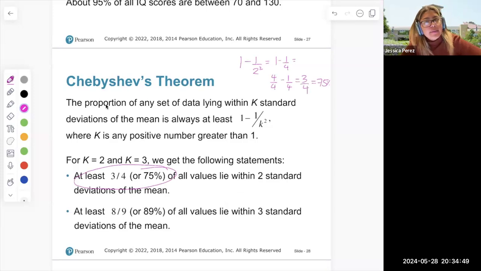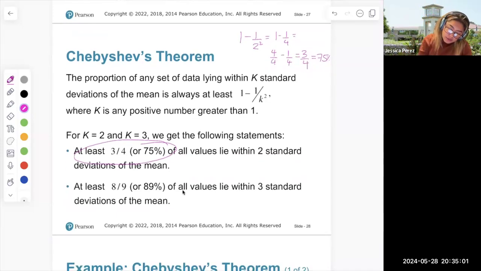It's not the same as when we have a uniform distribution, when we're using that curvature. It's not the empirical rule, okay? This is different. When k is 3, now we do 1 minus 1 over 3 squared, 1 minus 1 over 9.